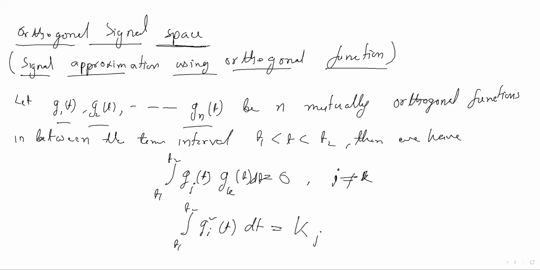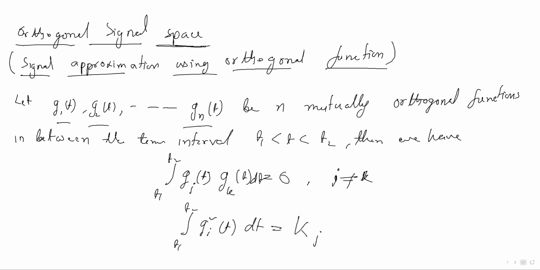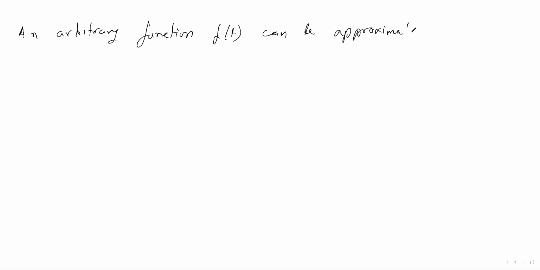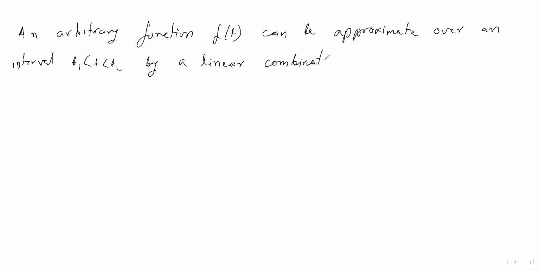Let an arbitrary function, earlier we took f1(t), here we take f(t), any arbitrary function f(t), be approximated over an interval t1, t2 by a linear combination. This is a very important statement.